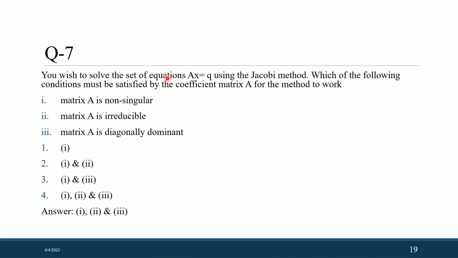So the method demands the coefficient matrix A to be non-singular, irreducible and diagonally dominant. All three conditions need to be met to see the solution by using Jacobi method. So the answer is 1, 2 and 3. That is fourth option. All three statements need to be satisfied.